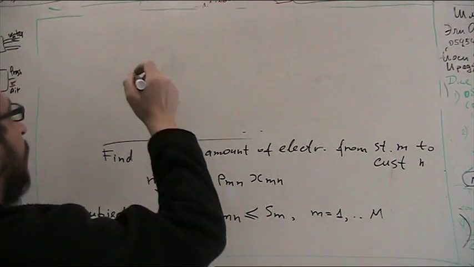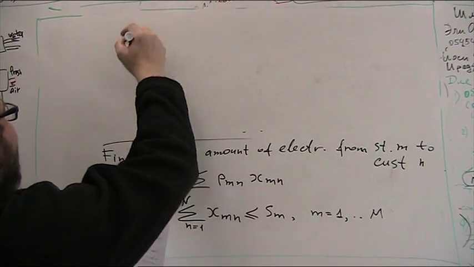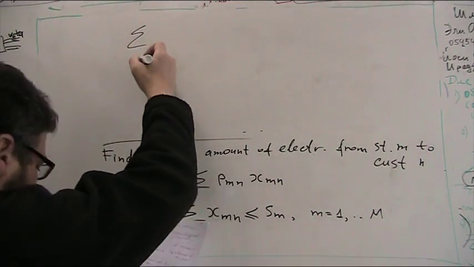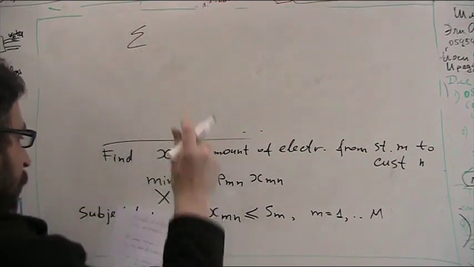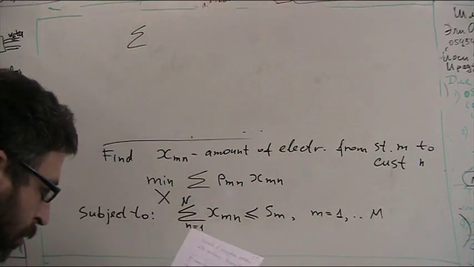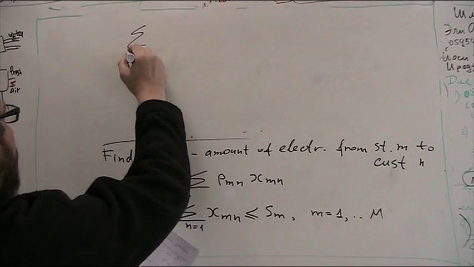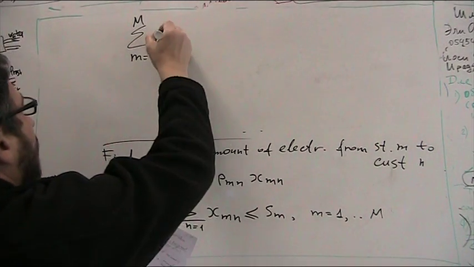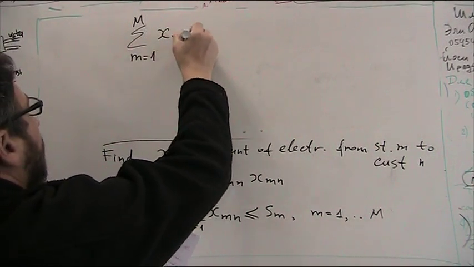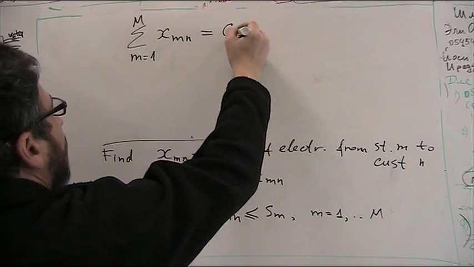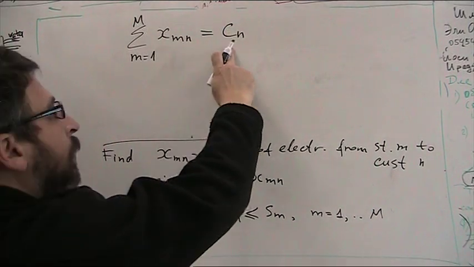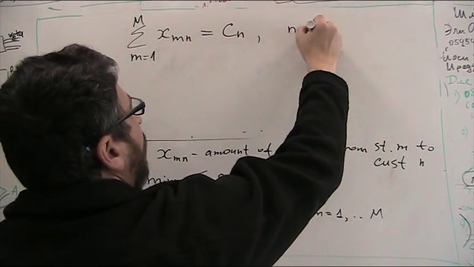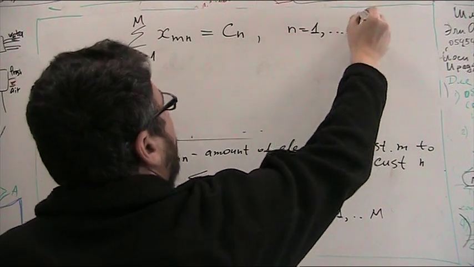Customer n should get the amount he demanded. So sum over all stations, sum over m equal 1 to capital M, of xmn should be equal to Cn, where Cn is the demand of customer n. Again, for all n from 1 to capital N.